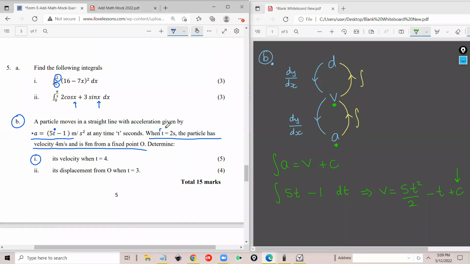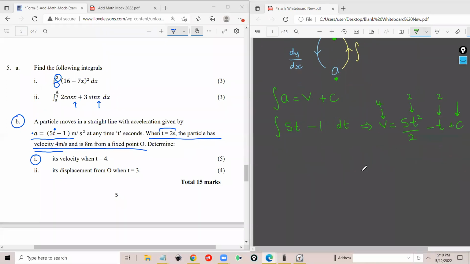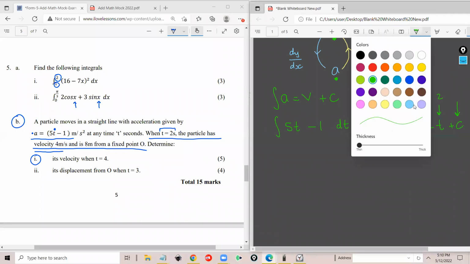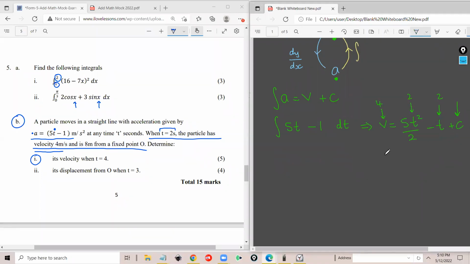Now they said when t is 2, the velocity is 4. So they're already hinting at us, hey, replace the velocity with 4 and all the t's at the same point in time with 2. And that will allow us to find the value of c. Make sure you square the 2 first.